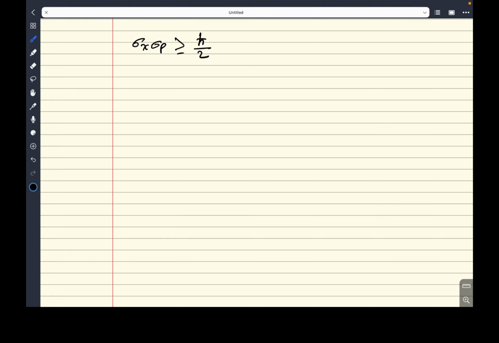I'm gonna just recap the operators in quantum mechanics. The operator of position is simply x, and momentum's operator is h bar divided by i dx.